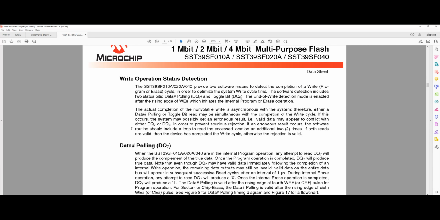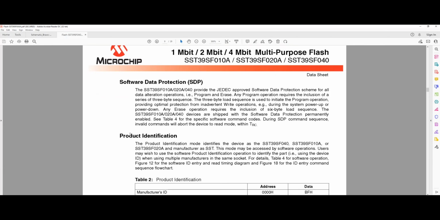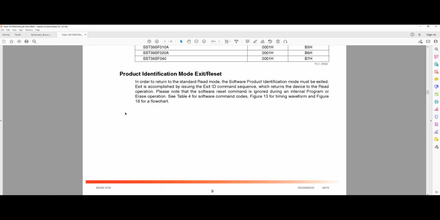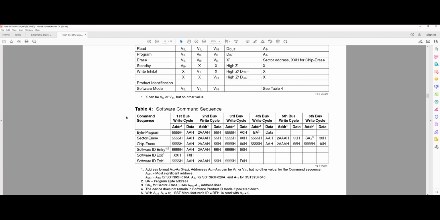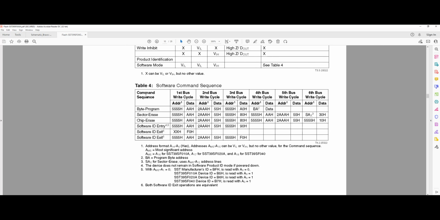If you go down the documentation, you would notice that it talks about the SDP and what it is, and how it helps you to avoid unwanted writes to the chip. However, if you go down, there's a table called software command sequence, which I guess contains everything that we need to write or erase this type of flash memory.